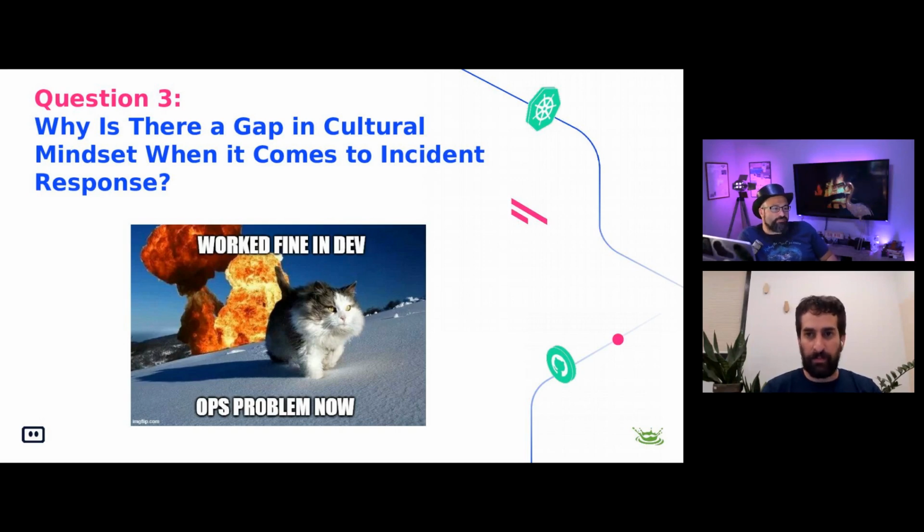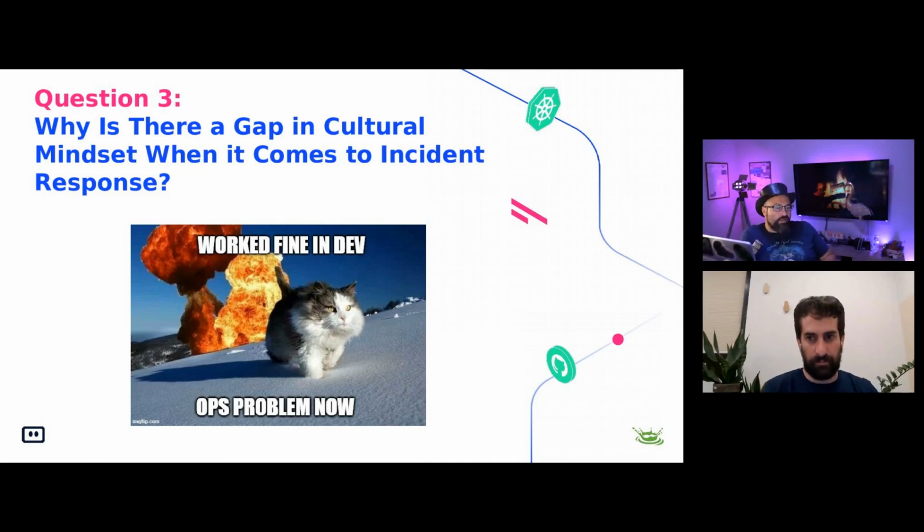And the next question is, so we kind of get DevOps, right? In terms of culture, we know that it's all the way. We shifted left deployment, and we know that the developers now, once they commit, it goes all the way to production by itself. And this is great.